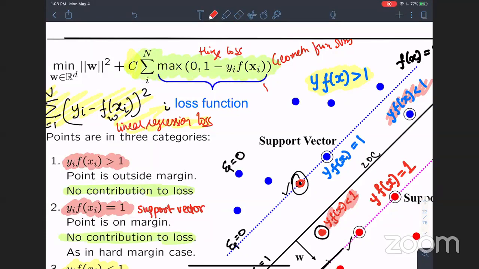For logistic regression, the loss was associated with the probability, how much you want to classify, maximizing the log likelihood or minimizing the cross entropy loss. So basically, the nature of this loss decides what kind of model it is. This hinge loss came from the geometry of SVM. So this was all for SVM, hinge loss. If you change the loss, it will no longer be SVM.